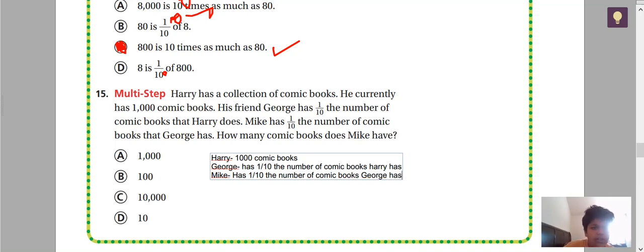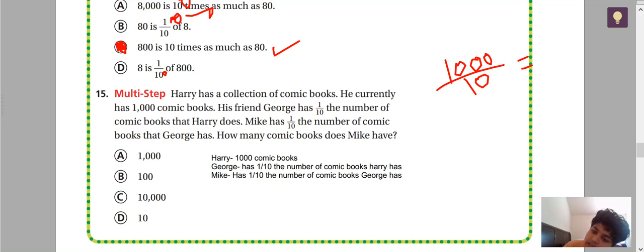So how would we solve this? If Harry has 1,000 comic books and George has 1/10 of the number of comic books that Harry has, we can do 1,000 divided by 10. And whatever the answer to this is, we will find out how much George has. So 1,000 divided by 10 is 100.